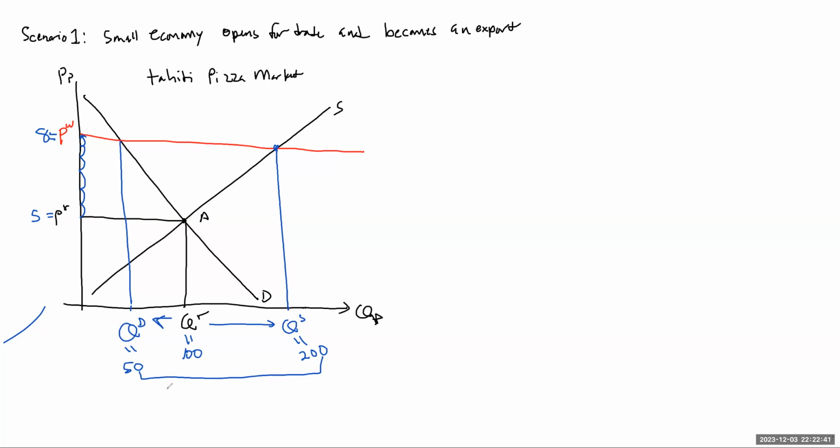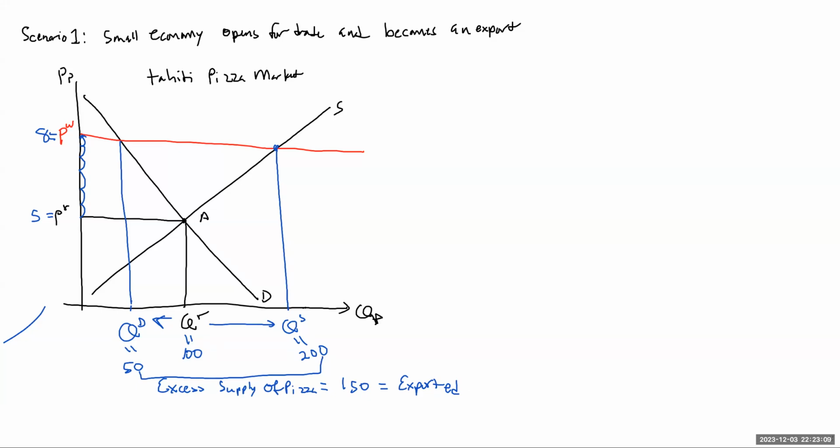There's an excess supply of pizza. In this case, the excess supply is 150 slices. And this is export. This is going to be exported to around the world.